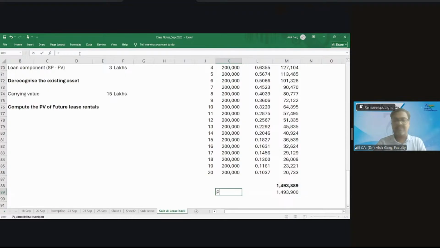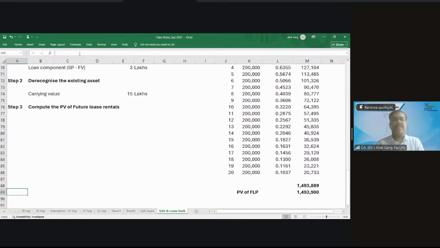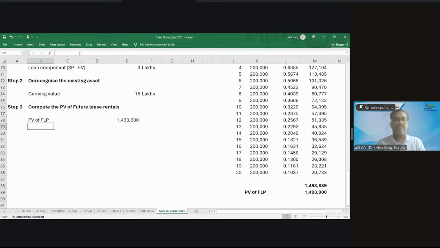This is your present value of future lease payments. Okay, I have rounded off 14,93,900. So what is my present value of future lease payment, FLP? 14.939 lakhs. This is my present value.